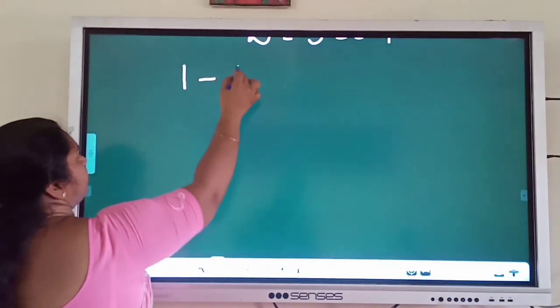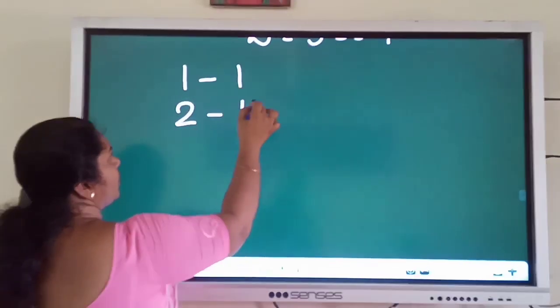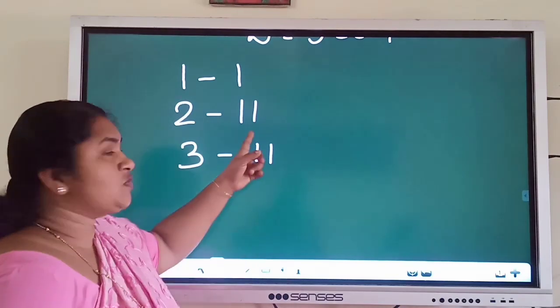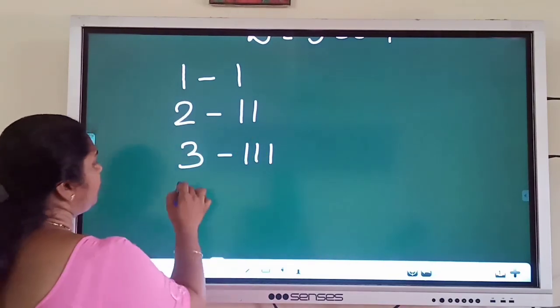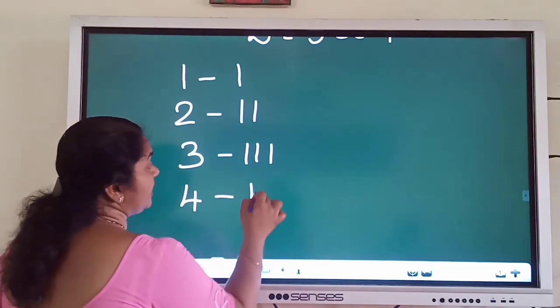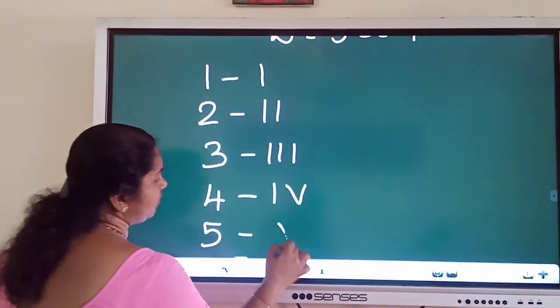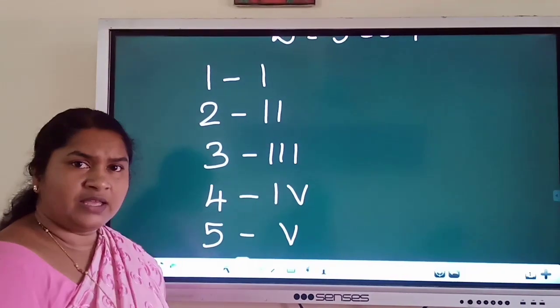1, 2, 3, I. Don't call this as 1. This is I. Then 4, IV. How? 5 minus 1. Then 5 was V. Okay.